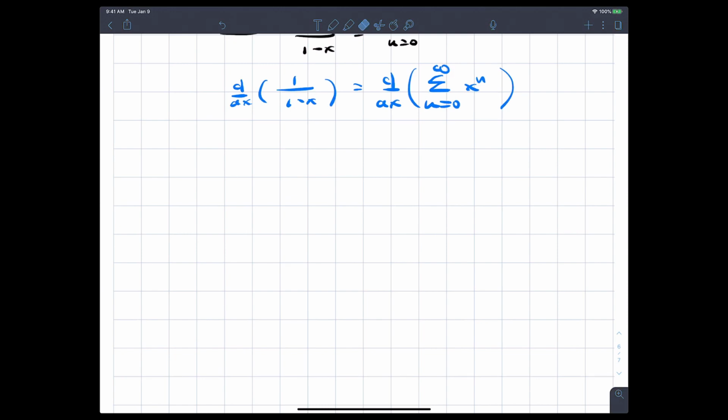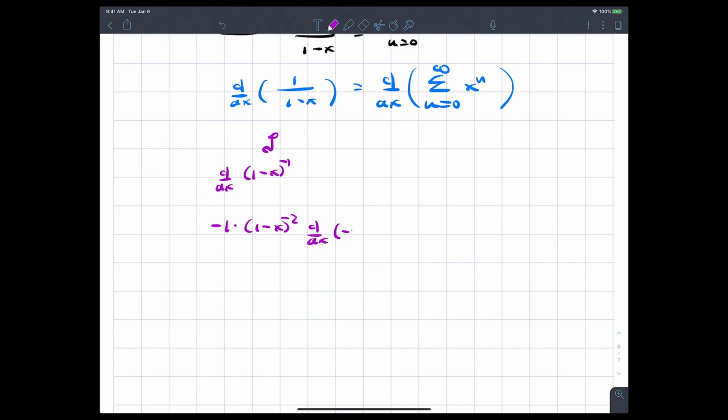I guess we can do it a couple of ways. I think I'm going to look at it this way. This is (1 minus x) to the negative 1. So if I differentiate the left side here, I'll get negative 1 times (1 minus x) to the negative 2.